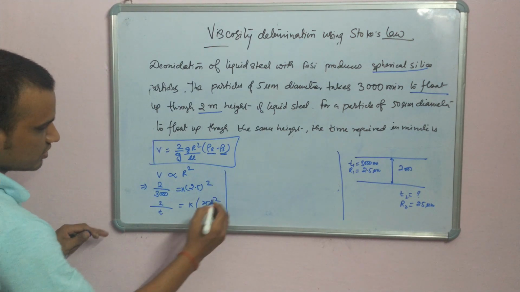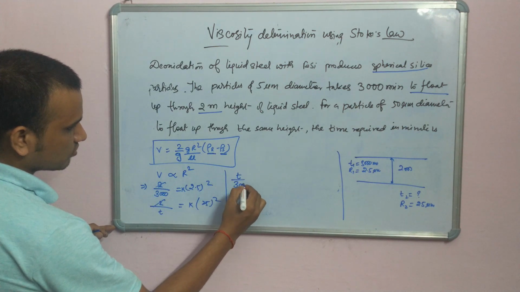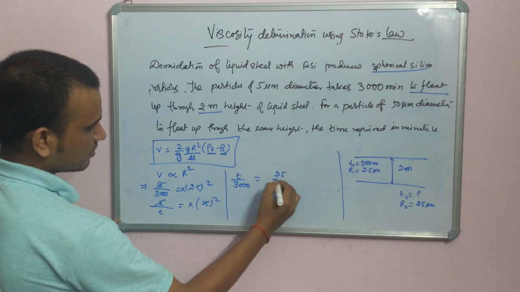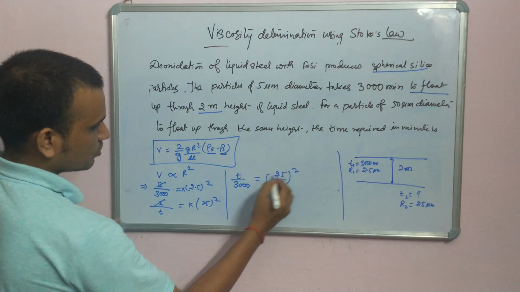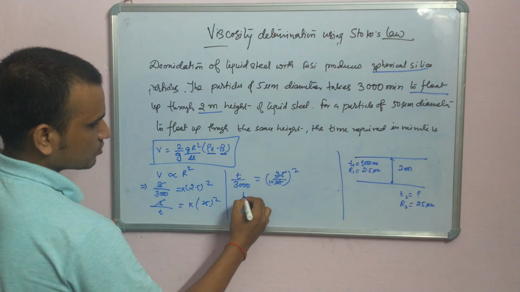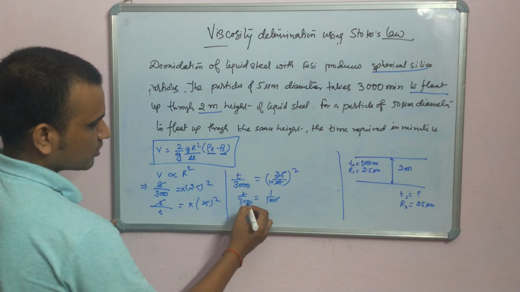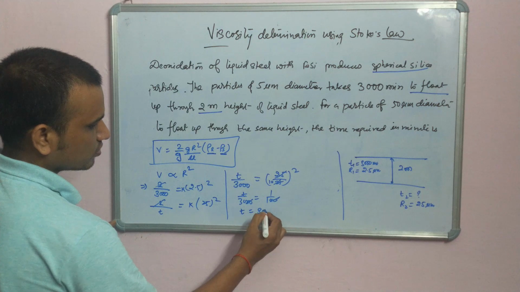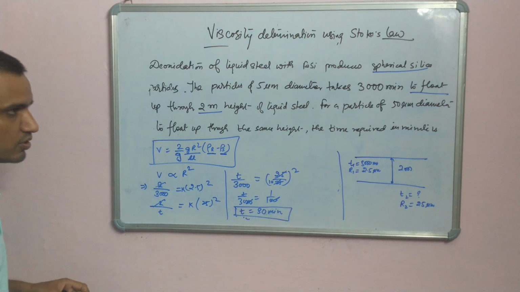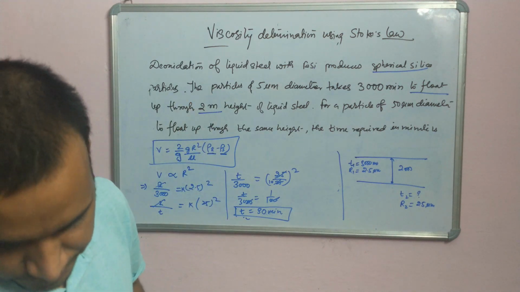The 2 cancels, so t by 3000 is equal to 2.5 by 25 whole square. That is 1 by 10 squared, so t by 3000 is equal to 1 by 100. So t is equal to 30 minutes. This is the time it will take to float up.